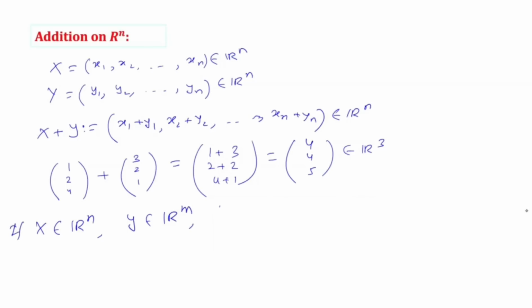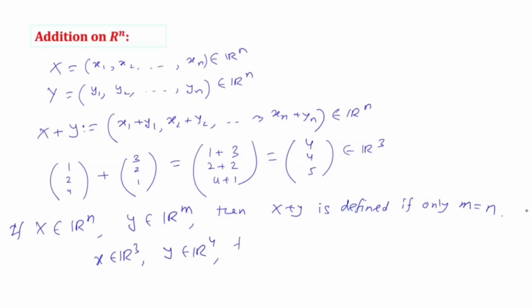If x belongs to Rn and y belongs to Rm, then x plus y is defined if n is equal to m. For example, x belongs to R3, y belongs to R4, then x plus y cannot be defined.